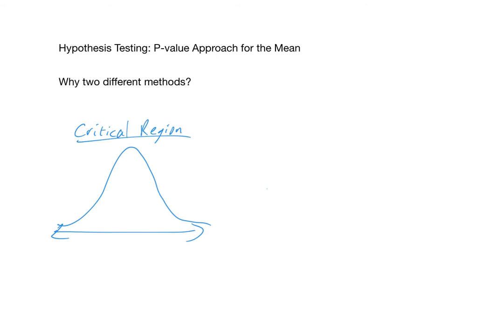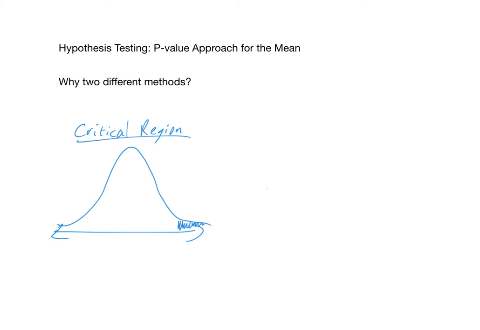Then you shade in the rejection region based on the direction of your test and whatever alpha is. Alpha is the area of this space right here. And then you can visualize when you go to compute the test statistic, does it fall over here? That would be our acceptance region, or does it fall over here in the rejection region? The visualization is powerful when it comes to doing the critical region approach.